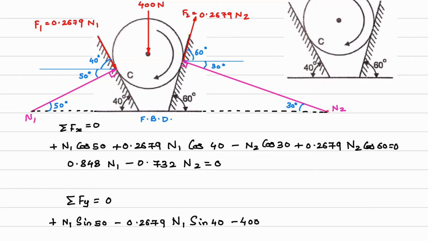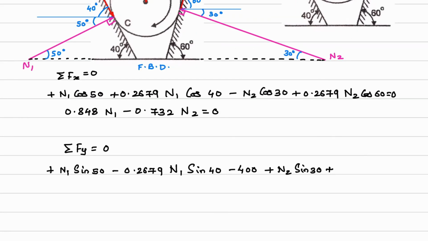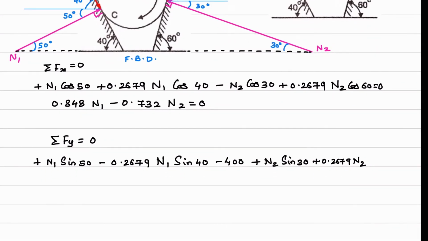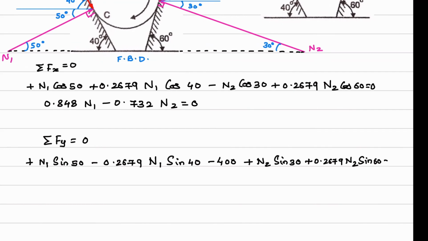Then y component of N2, it is in upward direction, so plus N2 sine 30. And y component of friction force, it is acting in upward direction, it will be plus 0.2679 N2. Angle is with respect to x, so y component will be sine 60 equal to 0.